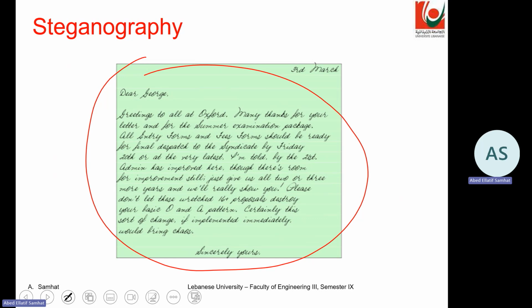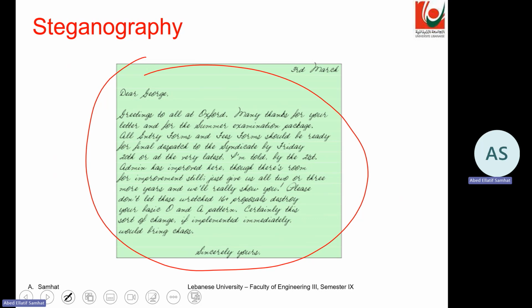If you want to take, for example, the first letter of each word, we should specify something. Let's say the first letter here: a greeting to all at Export. Here, many thanks for your letter. We have to specify a kind of secret key, as I say, the first letter of each word.